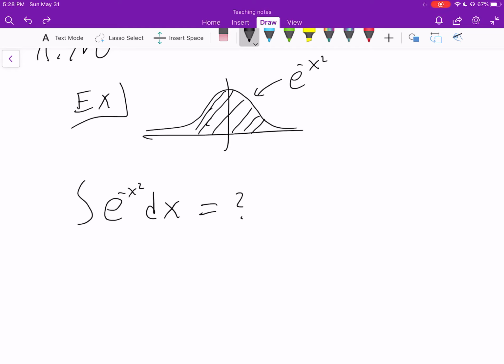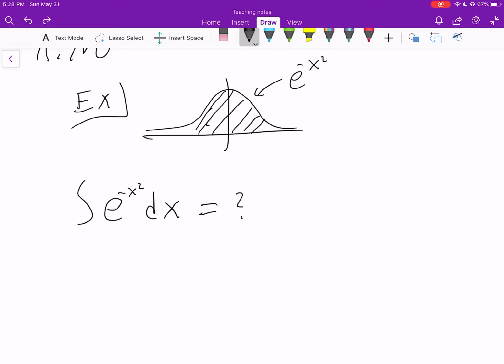So instead of being able to just write down an antiderivative and apply the fundamental theorem of calculus, you're going to have to rely on a computer. You're either going to have to write a program that will do this as a Riemann sum, or rely on some other program that already can do these Riemann sums, or has the values of the error function tabulated.